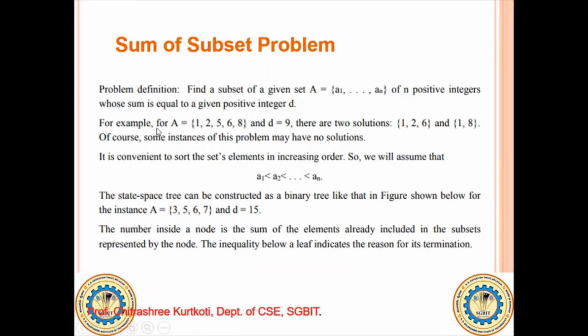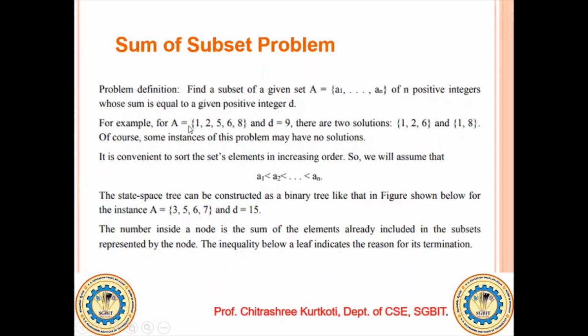So here we are given one set. This is a set of some integer numbers. Then we will be given some d, that is the sum. Then we have to find the subset. When you add the elements of that subset, it should be exactly equal to the given d.